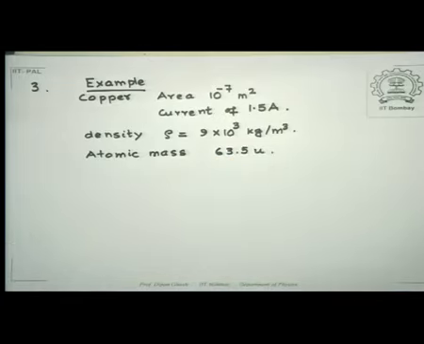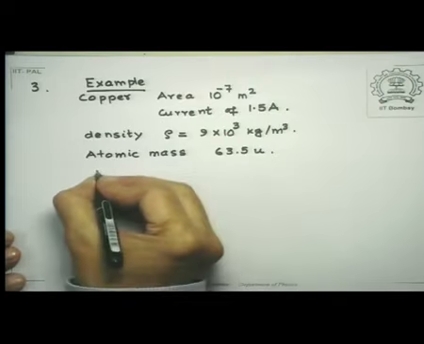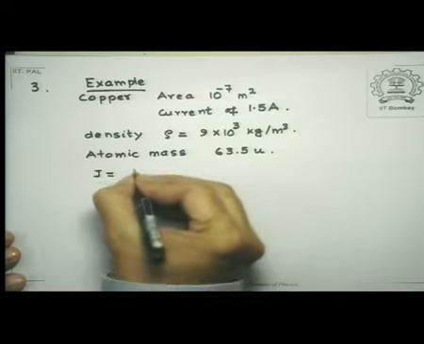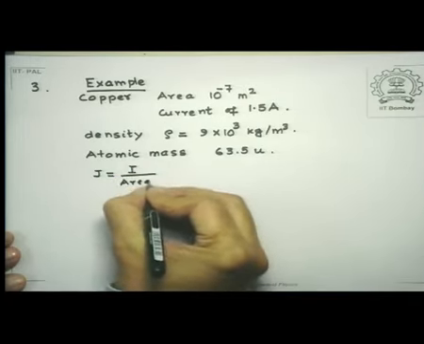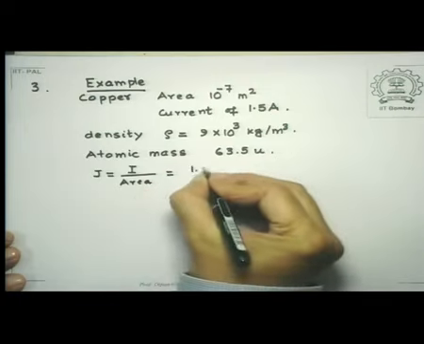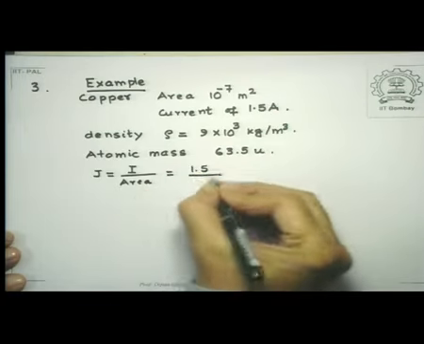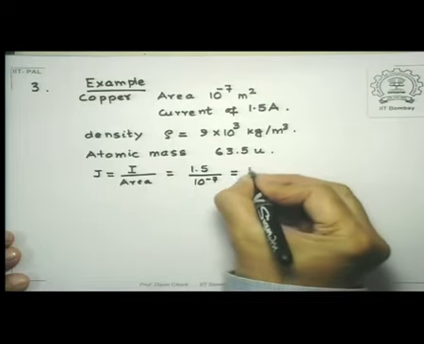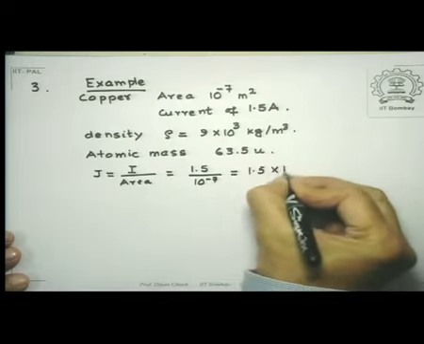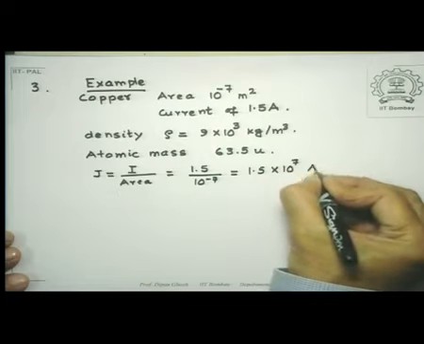So our problem is to find out what is the drift velocity and the current density. The current density is fairly straightforward. The current density is simply the current I divided by the area. Current is given to be 1.5 amperes and area is 10 to the power minus 7. So therefore, this is 1.5 into 10 to the power 7 ampere per meter square.